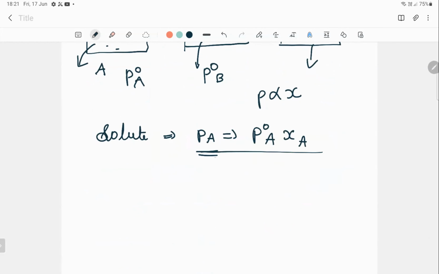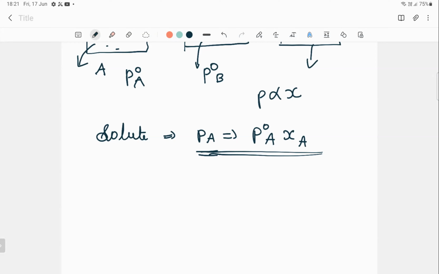Clear with this one? How I connected this place? Can you say? Total pressure. See, this PA is nothing but partial pressure of your component A, the solute.